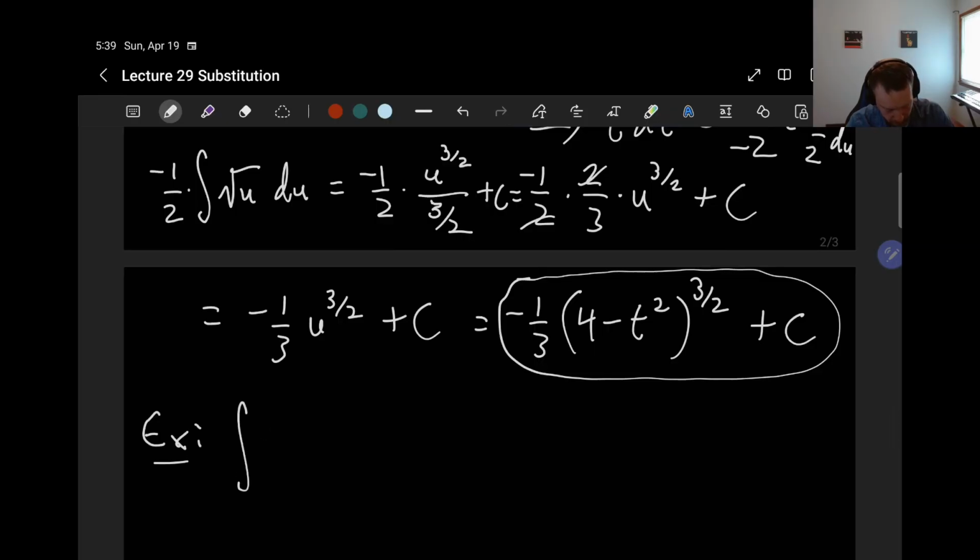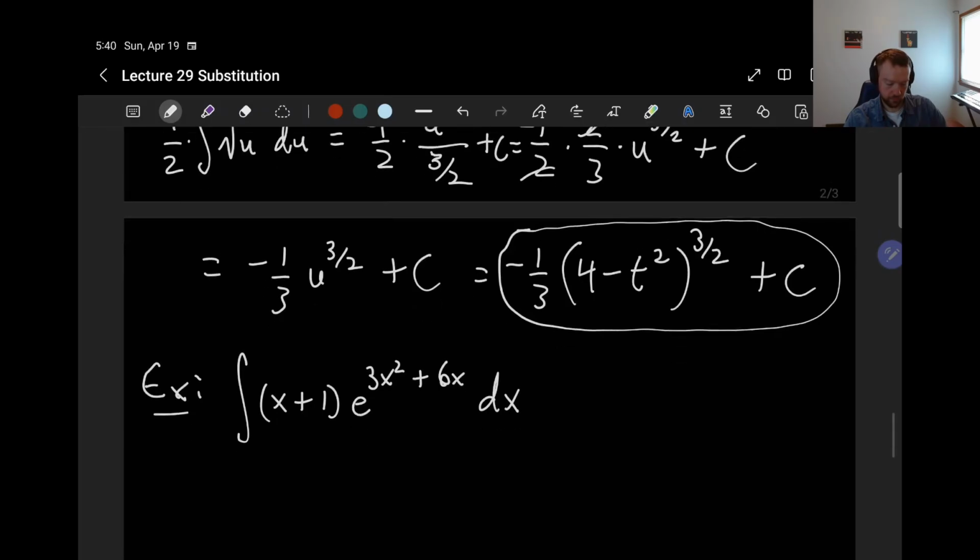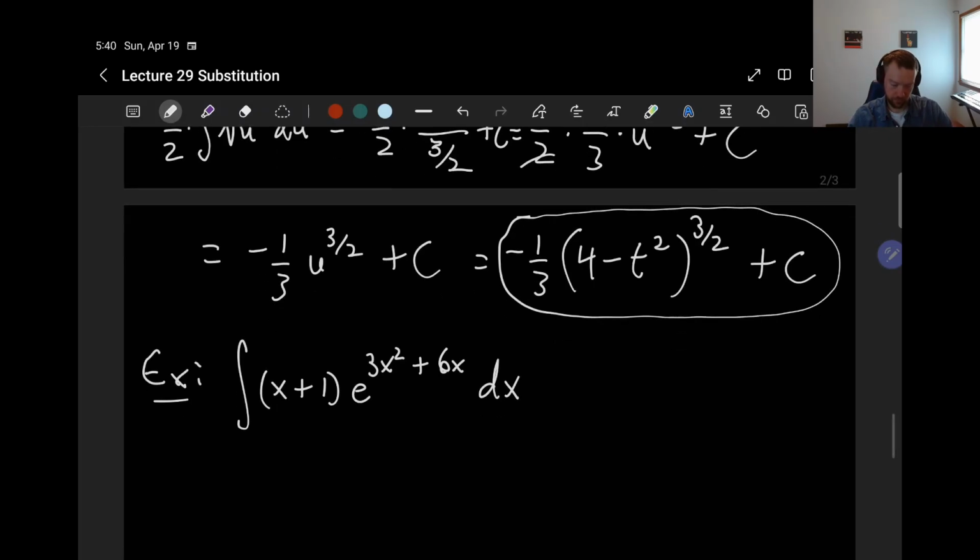Next, let's look at the integral of x plus 1 times e to the 3x squared plus 6x. So as usual, I want to look for my inside function. It's a good candidate for u.